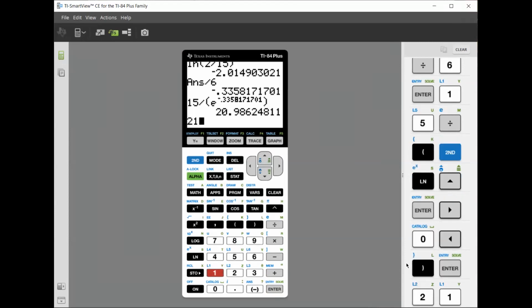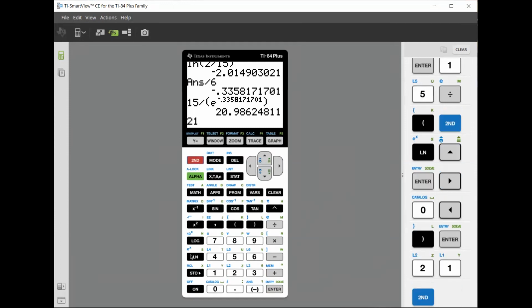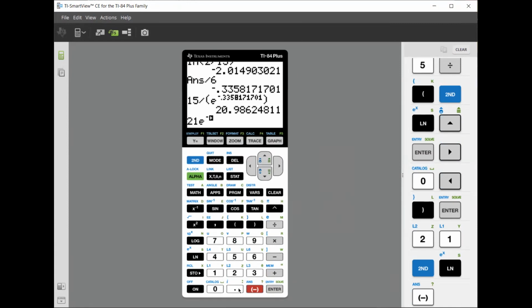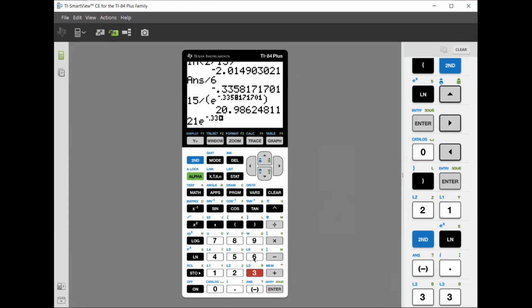So I'm going to have 21, and then I'm going to have second E, and then I'm just going to use the decimal that they gave me, which is negative 0.336, because that's the function that I defined here.